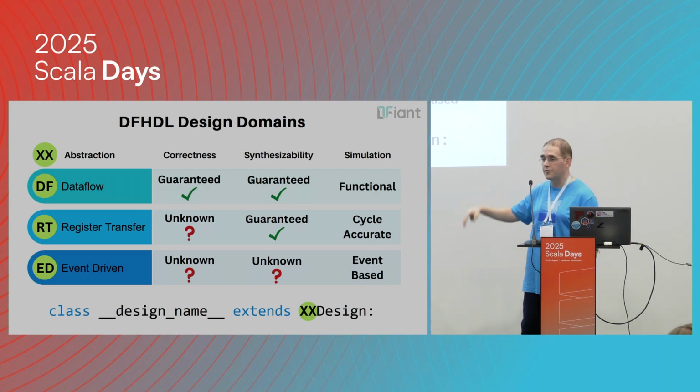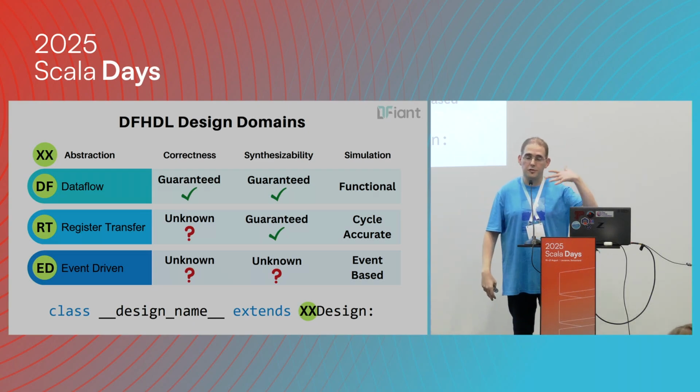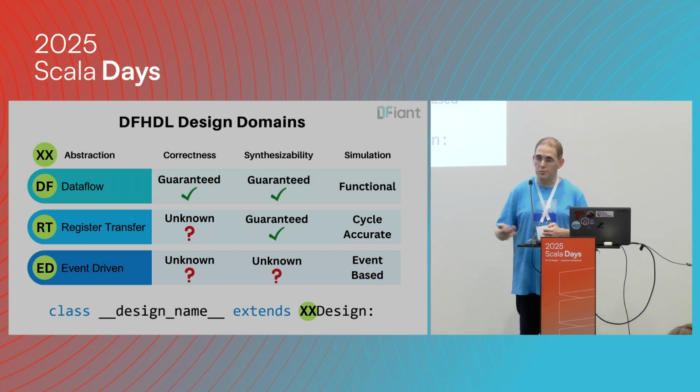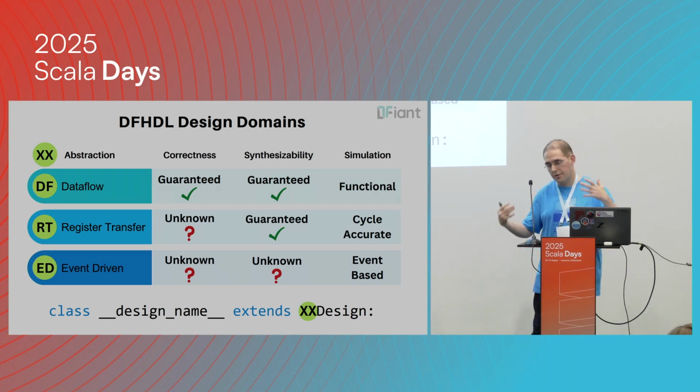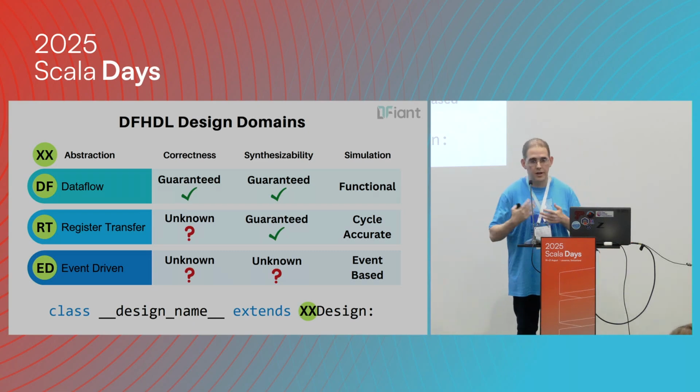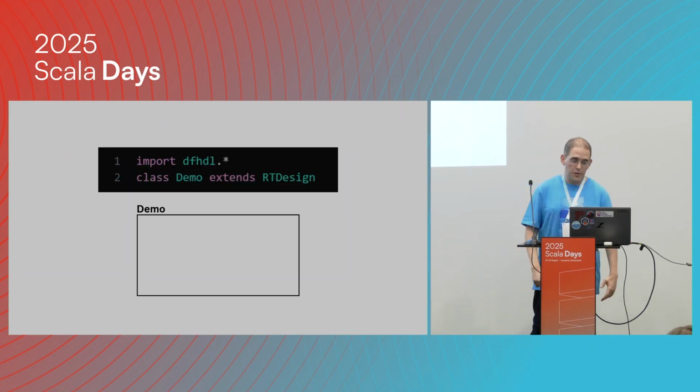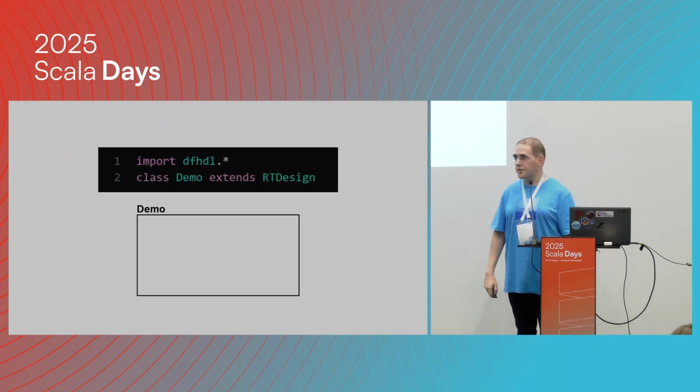And the top one, the data flow one, enables us to describe the what instead of the how, to focus on the function instead of the implementation. And the 3 abstractions are designed to work and mix and match together. So let's do our first how we design.